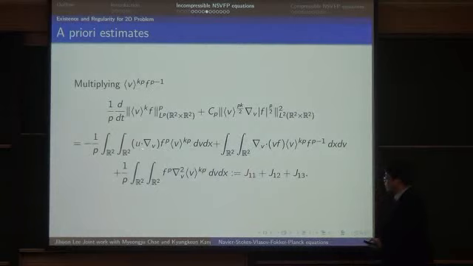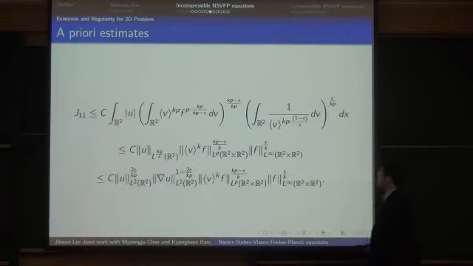Then the only problem is from here. This is the coupled term. We have u here. So let me consider J sub 11. J sub 11 can be controlled like this.